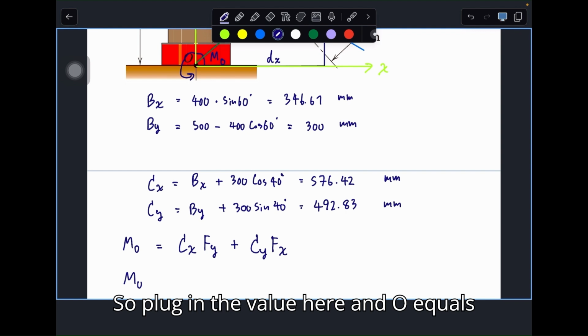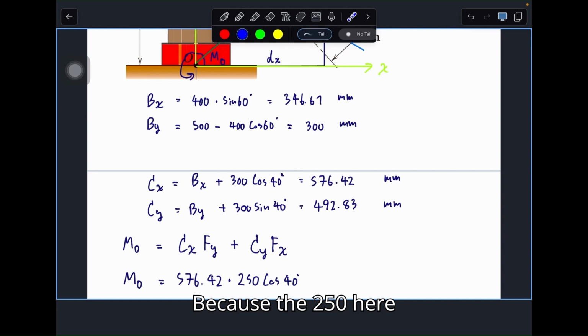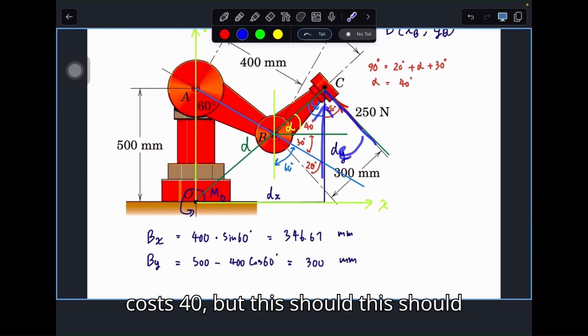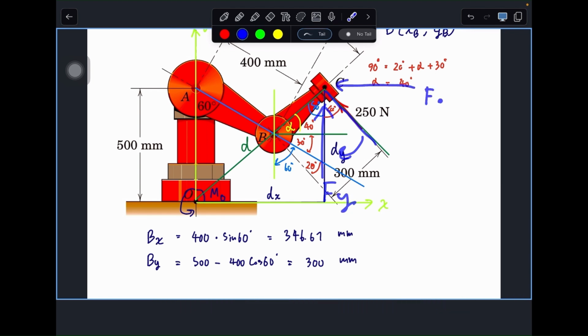So plugging in the values, M_O equals cx, 576.42, times 250 cos 40, because the 250 cos 40 here gives us Fy, and this one gives us Fx.